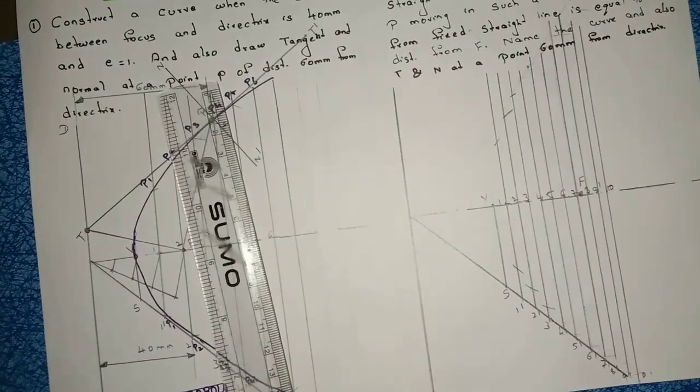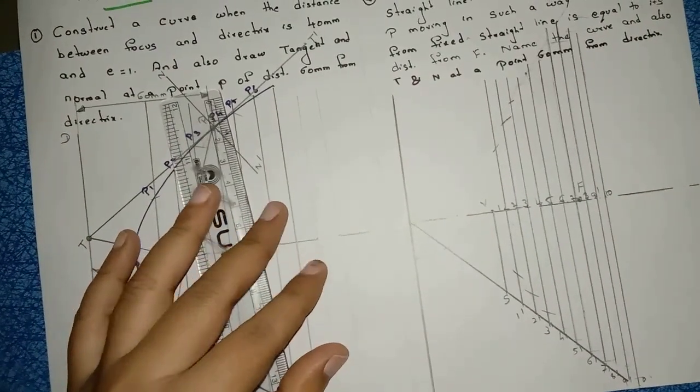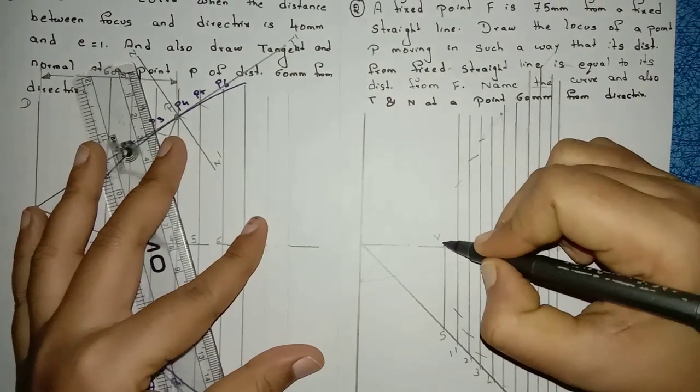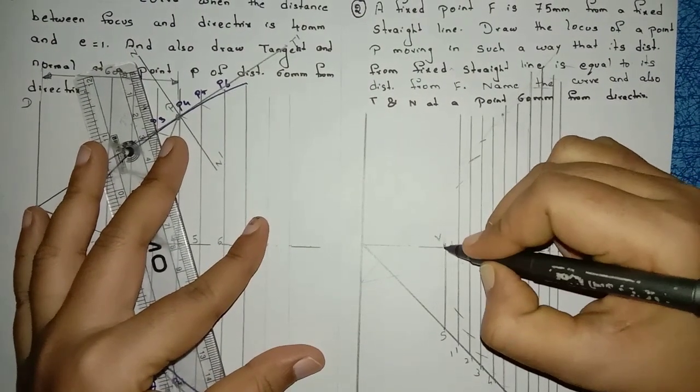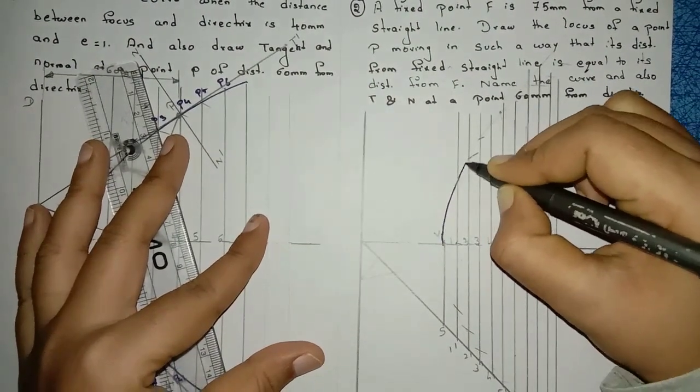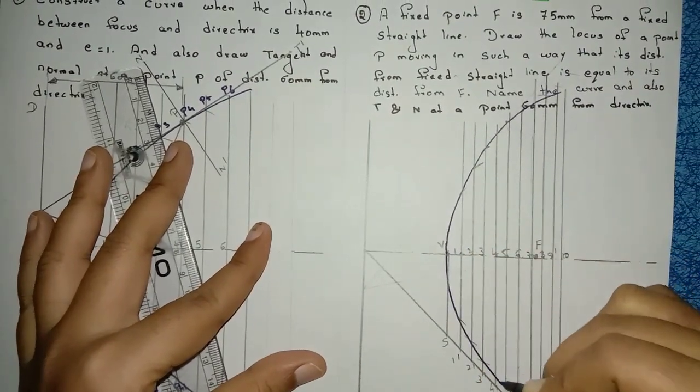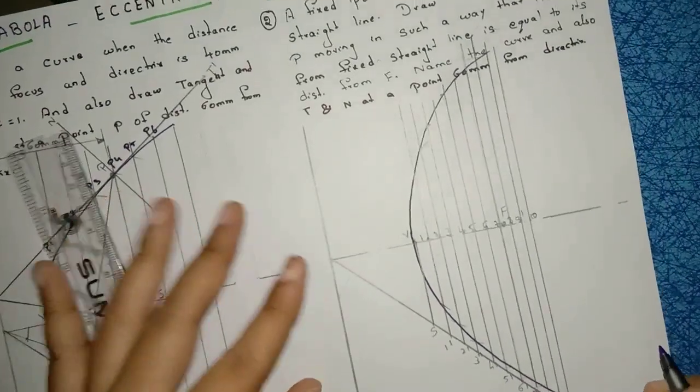Like that, 4 dash as radius, F as center, 5 dash as radius, F as center. Same concept. After getting all the arcs, just join all the arcs. You will get the shape of the parabola.